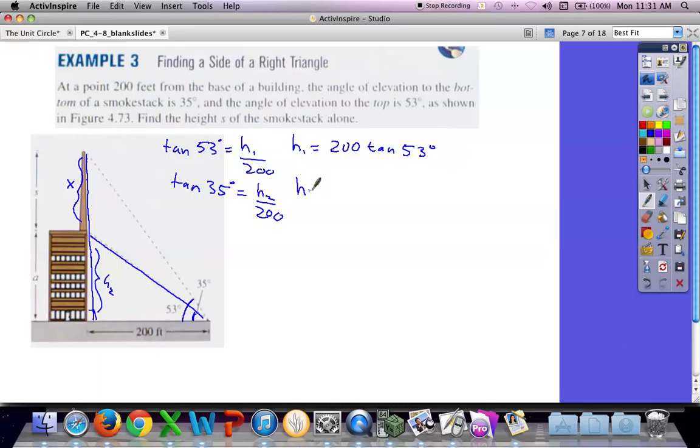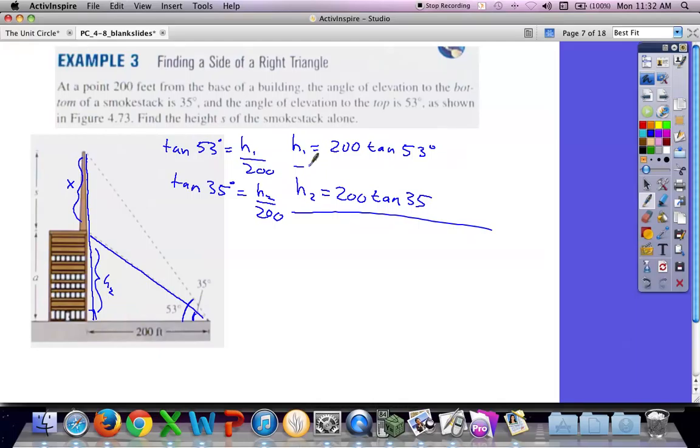So h2 equals 200 tan 35. And the height of the smokestack will be h1 minus h2. So you could take a step and calculate these, or you could put it all in your calculator in one step.